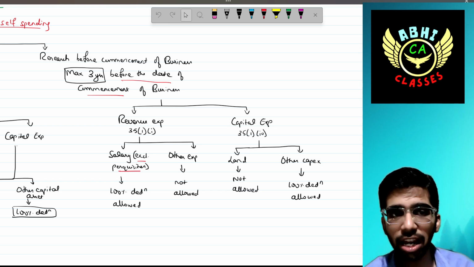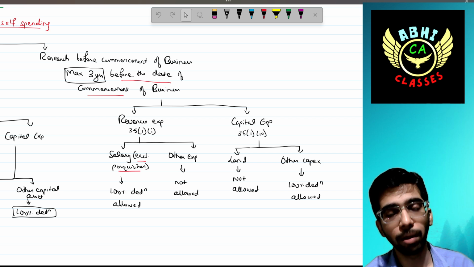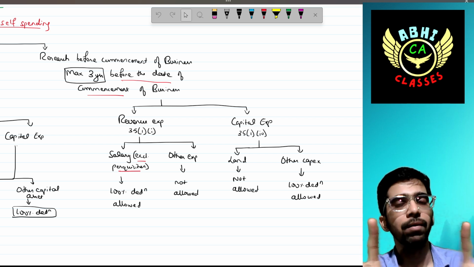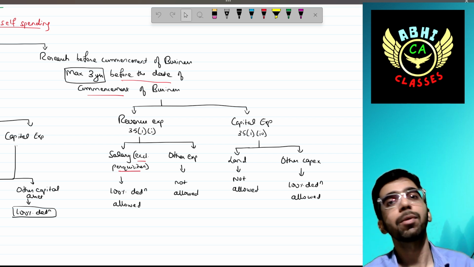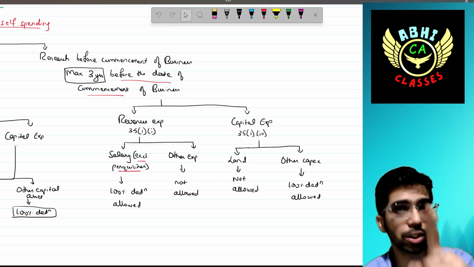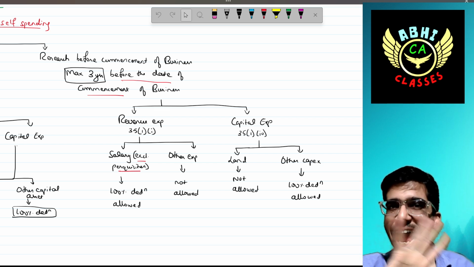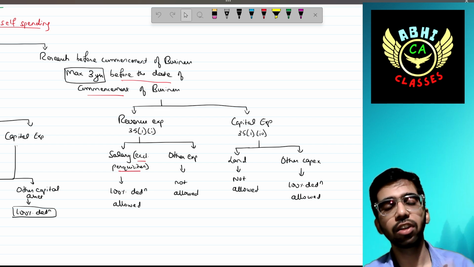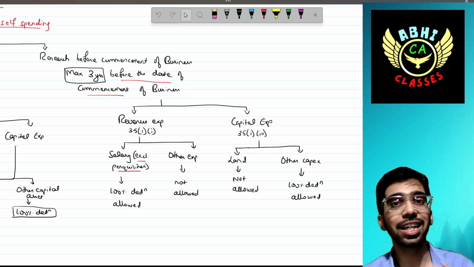In respect of salary, the 100% deduction would be available, excluding perquisites. So remember, excluding perquisites. In respect of other revenue expenditures, not allowed. Very strict policy.